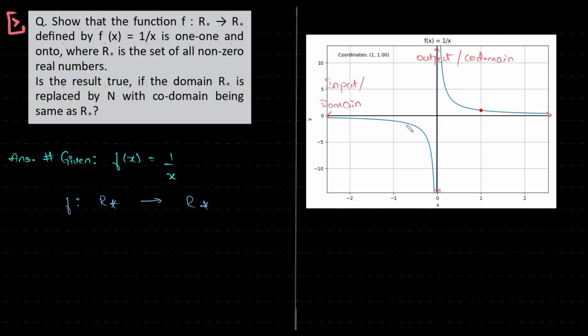The question is, is it 1-1 and onto? In a graph, the way we can find 1-1 is to draw a line parallel to the x-axis. Okay, let me do this over here.